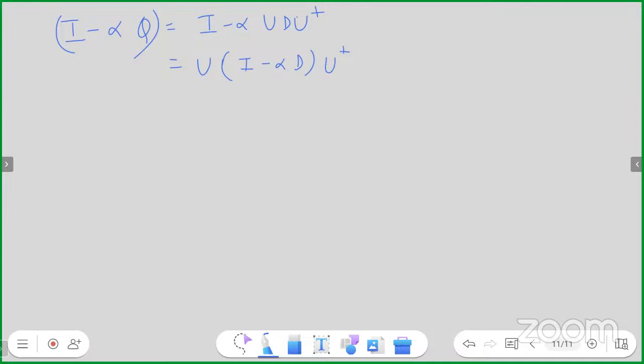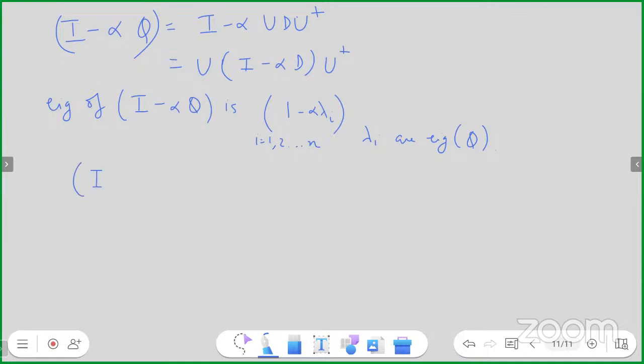I minus alpha D. So the eigenvalues of I minus alpha Q are nothing but the set 1 minus alpha lambda_i, with i going from 1 to n, where the lambda_i are the eigenvalues of Q. So the eigenvalues of I minus alpha Q whole squared are essentially (1 minus alpha lambda_i) squared.